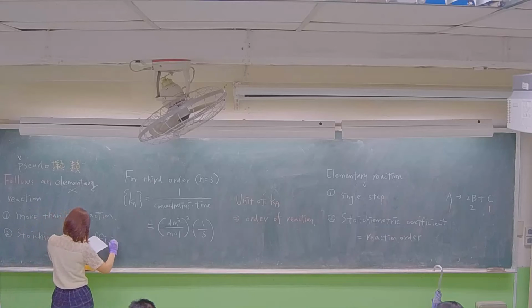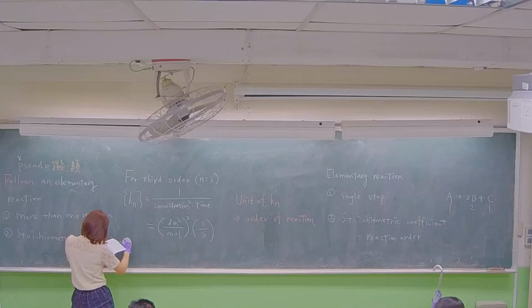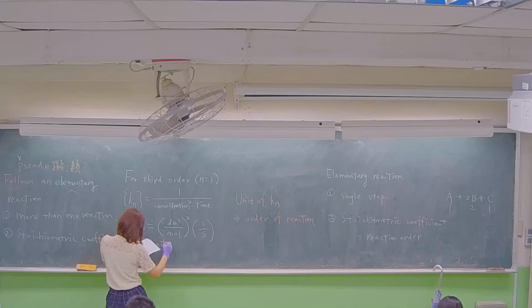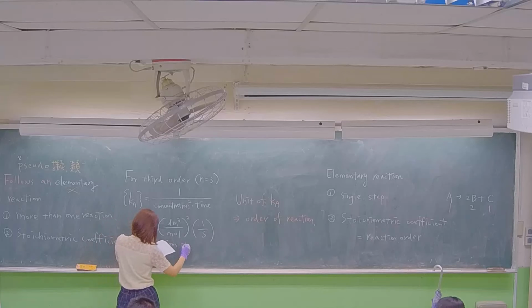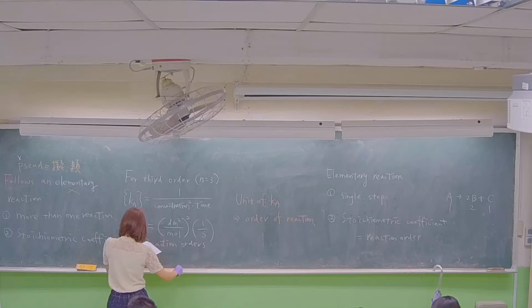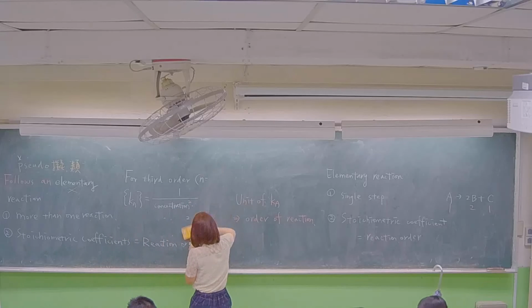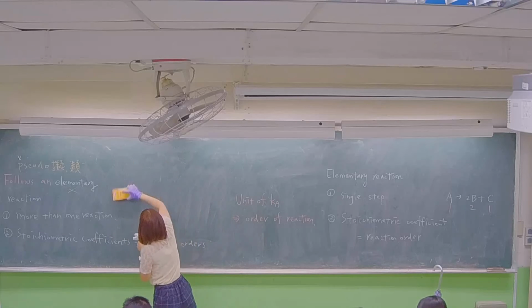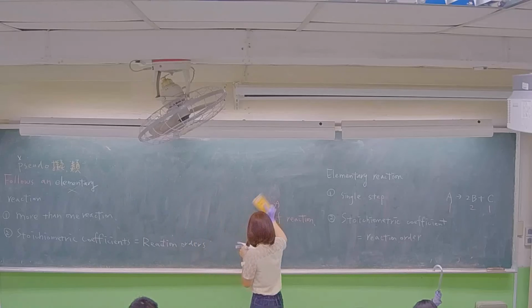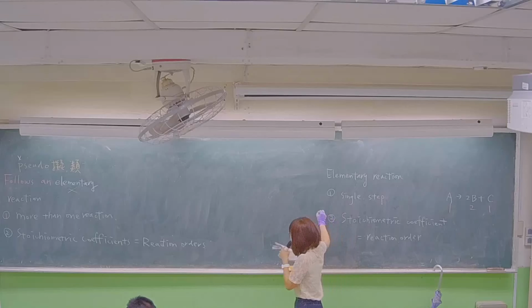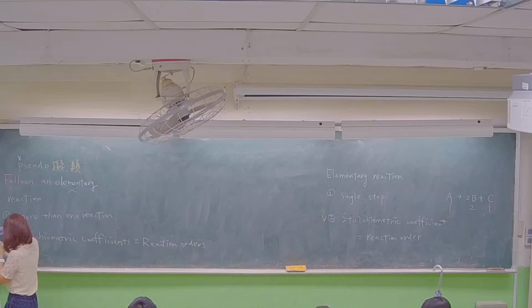You have these words in your handout, right? I just want to emphasize. You can see the second one is the same, but the first one is not the same.